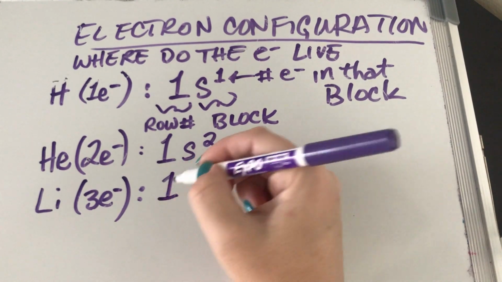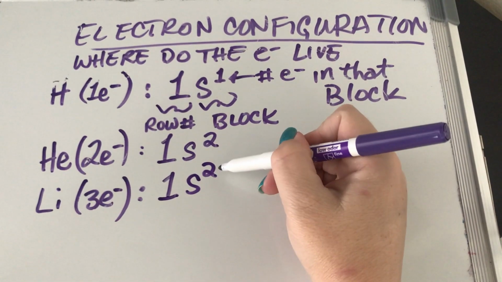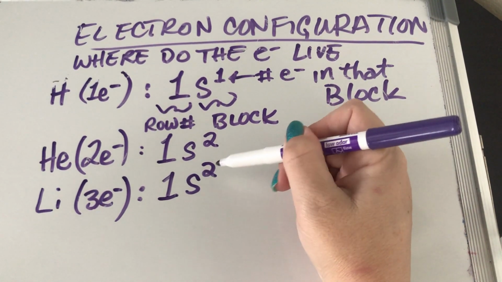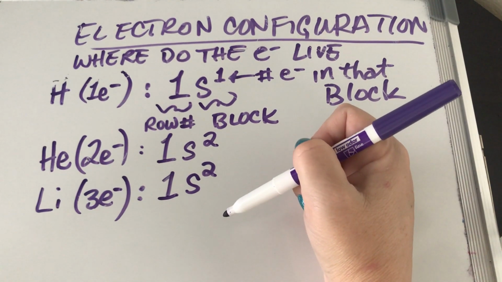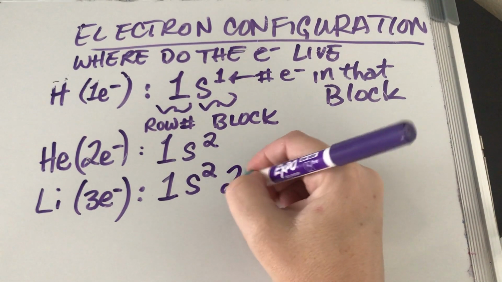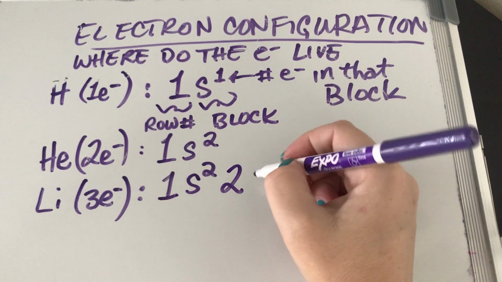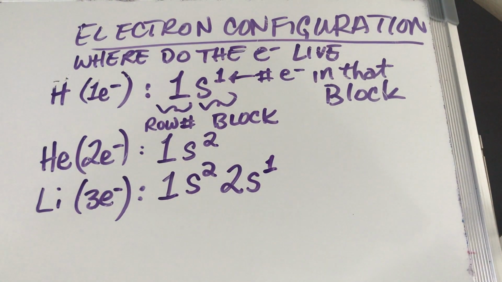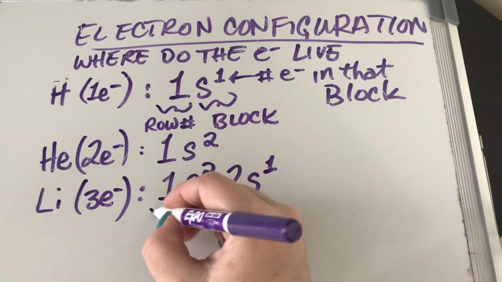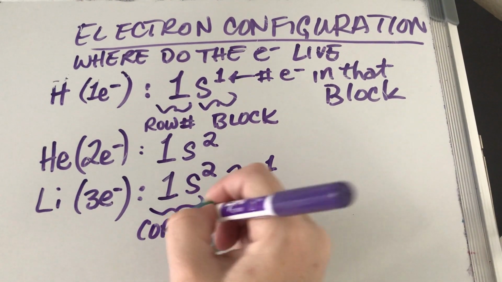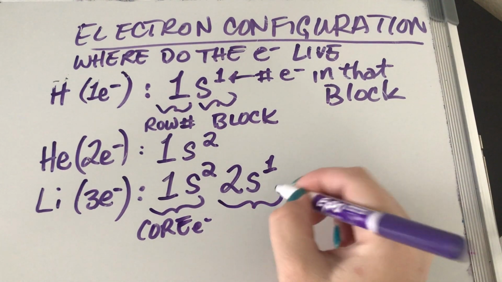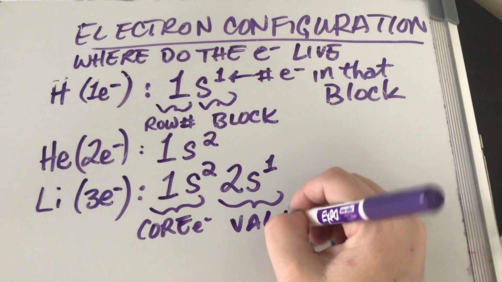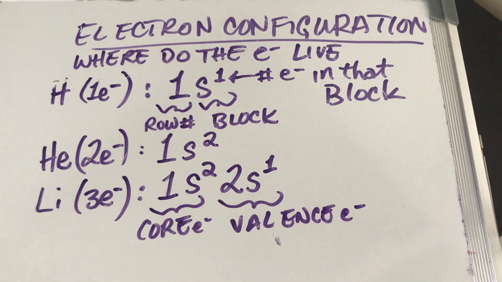So 2 of our electrons from lithium are living in the 1s, and there's 2 of them, right? Now in row 2, we're still in the s block, right? And we have 1 electron in the s block, right? These are our core electrons. These are our valence electrons.